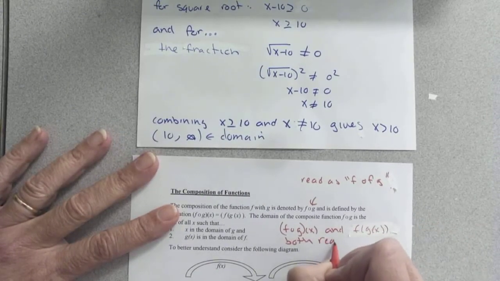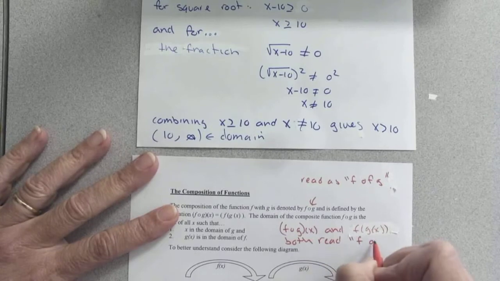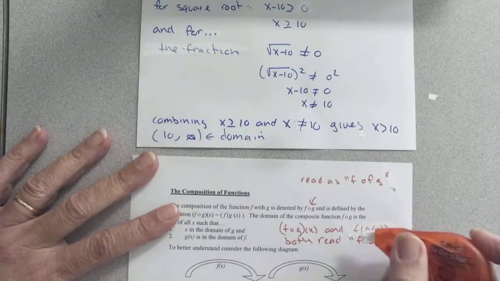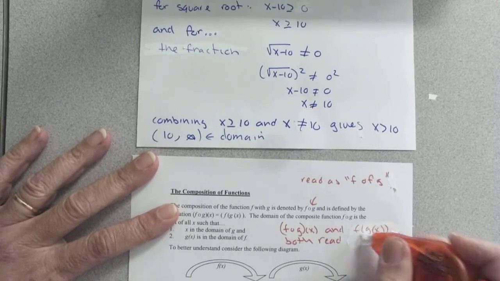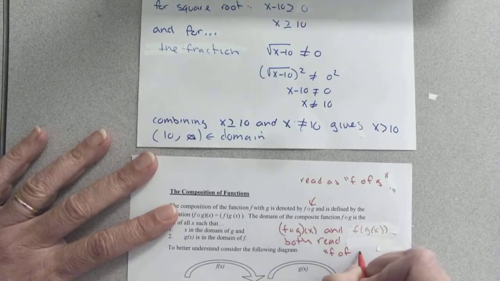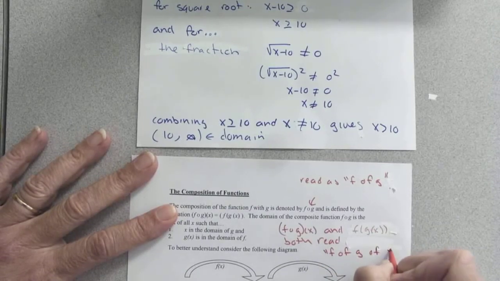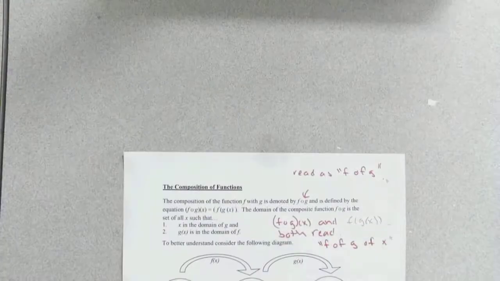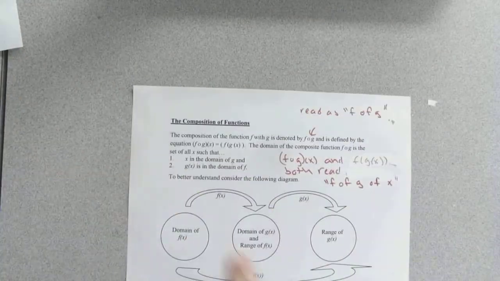They're both read f of g, drop down a line here, f of g of x. And that little circle stands for composition.